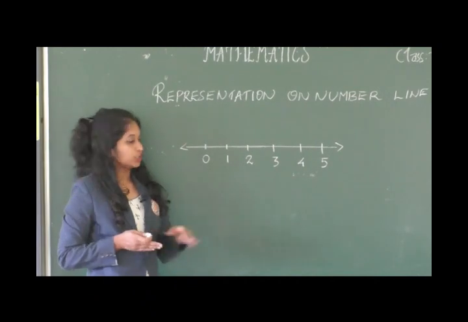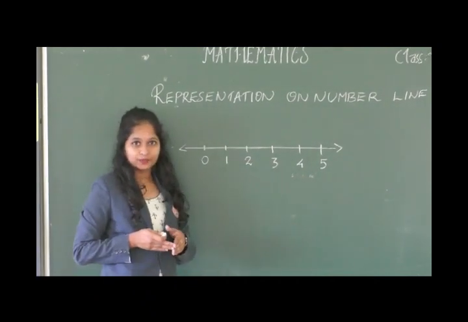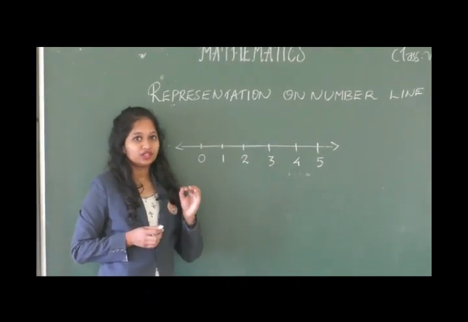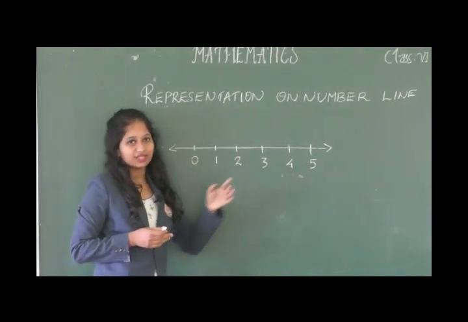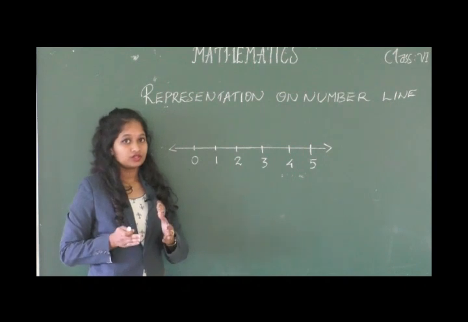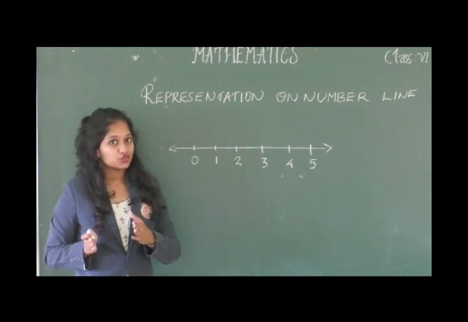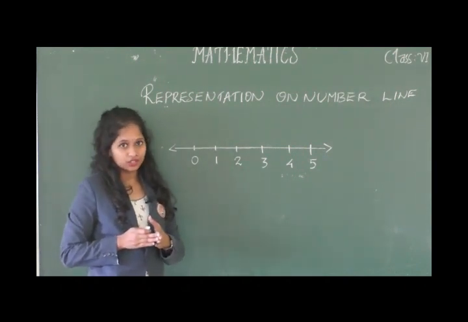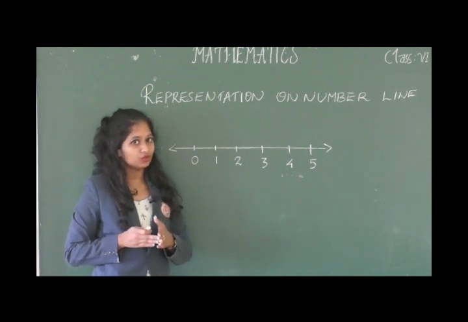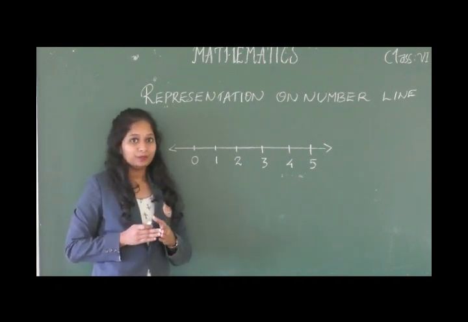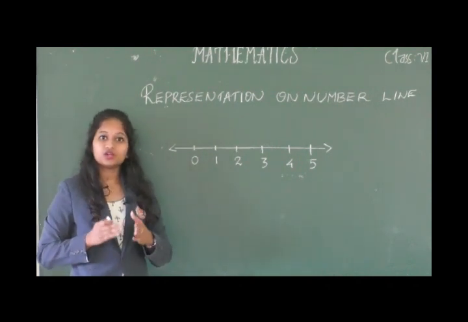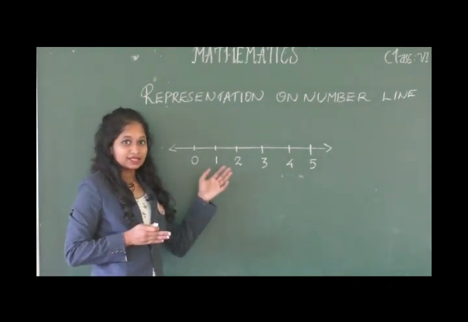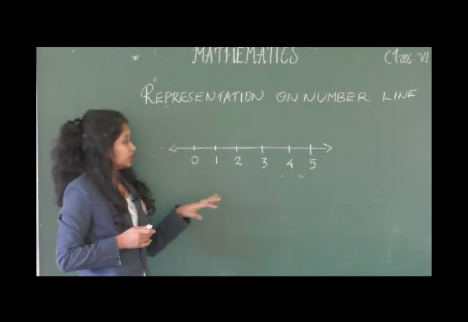So children, now let us learn how to represent whole numbers on a number line. For that, draw a line and mark numbers from 0, 1, 2, 3, etc. Because the whole numbers are natural numbers along with number 0. Natural numbers, we know, are the numbers 1, 2, 3, 4, etc. Those are called counting numbers, and this is whole numbers.